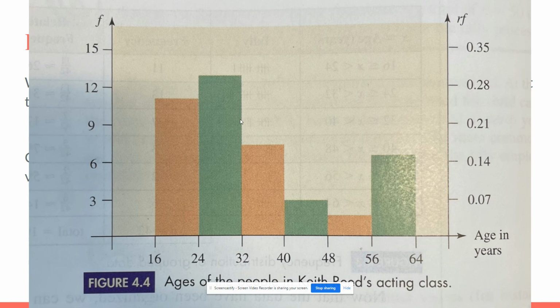All right, and then the other thing that we can mark over here, our relative frequency, RF on this axis, was 26. So that's about right in here as well. So we're kind of using both axes to find some information, which is pretty cool. All right, so this is an example of a histogram. You will need to do this on your test.